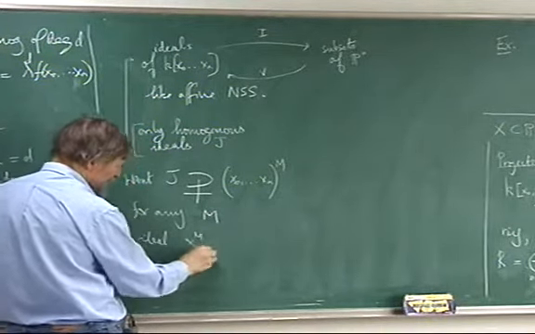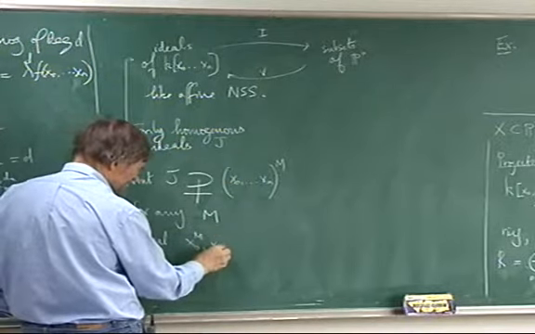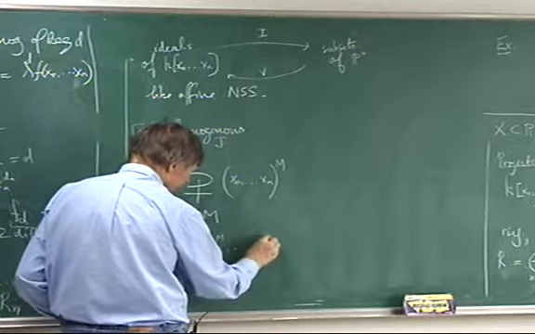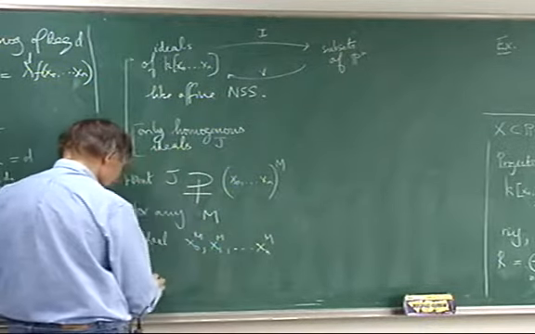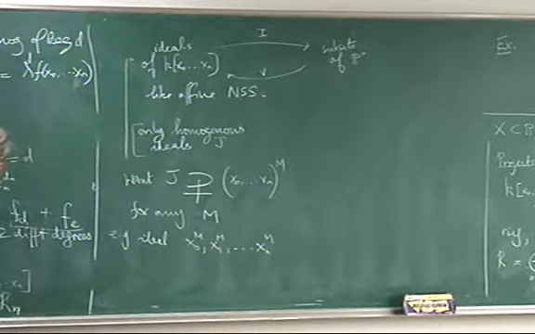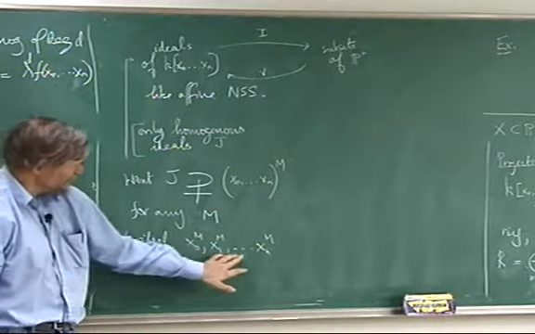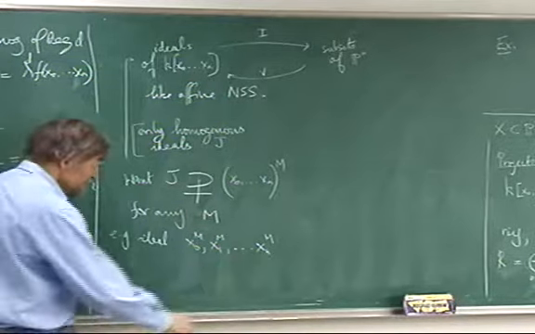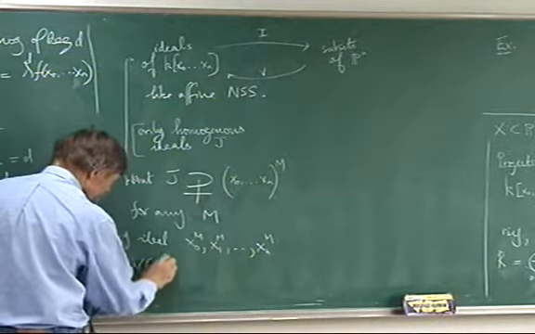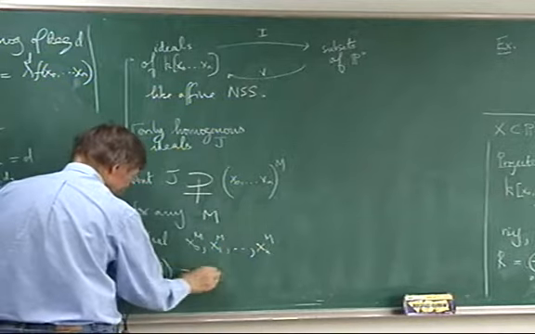So if I take the ideal x0 to the power of 100, x1 to the power of 100, and so on, xn to the power of 100, and then I ask, what are the points of projective space on which all of these things vanish? Then V of J will be the empty set.